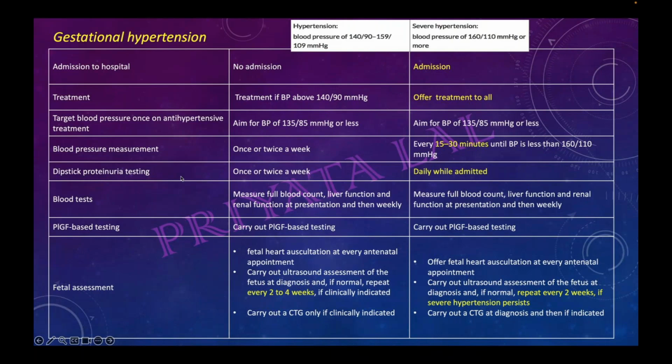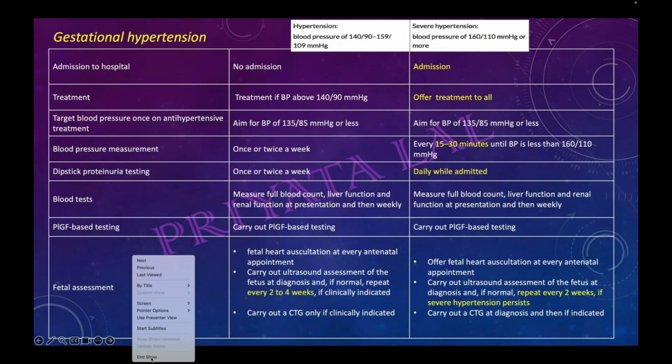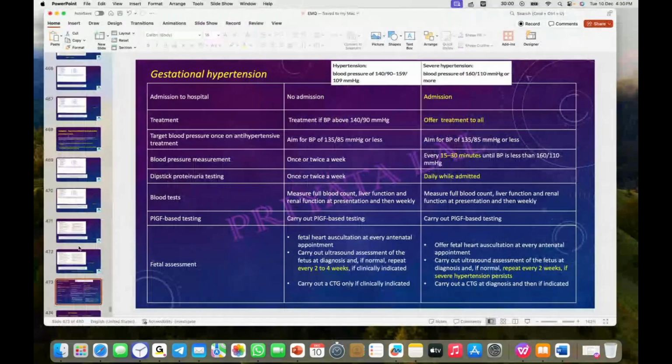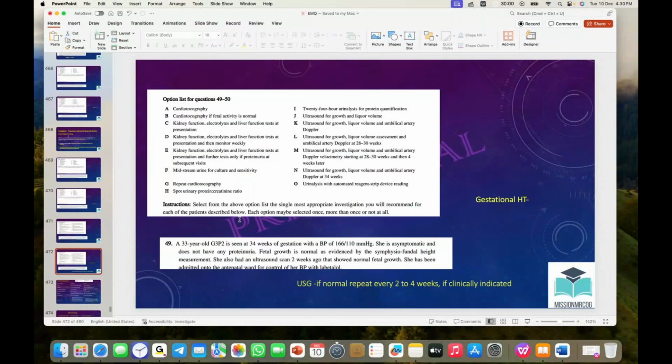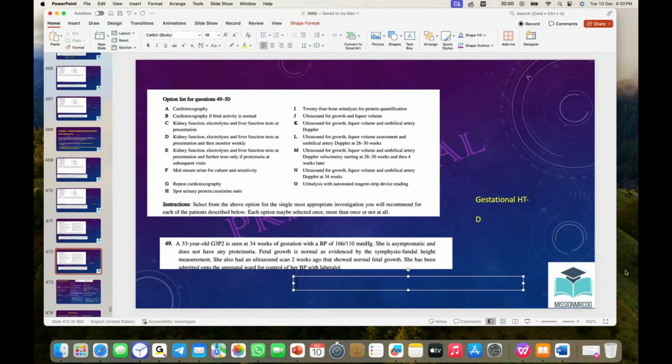Blood test. Yes, this could be the answer. Monitor weekly could be the answer. So D could be the answer. The patient to be monitored weekly. This could be the answer.